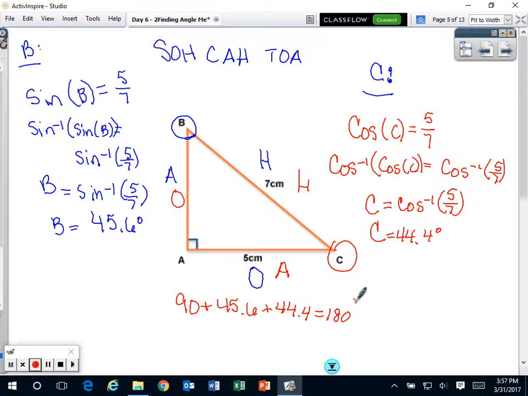So let me plug it in my calculator and check. 90 plus 45.6 plus 44.4, boom, 180 exactly. If you do not get 180 exactly, then you've messed up somewhere. It could be in your rounding. Now, what I was telling you earlier is we found B using the trig function sine.